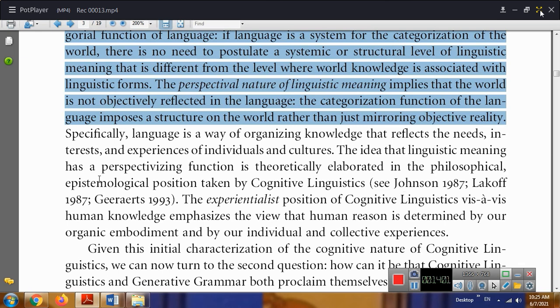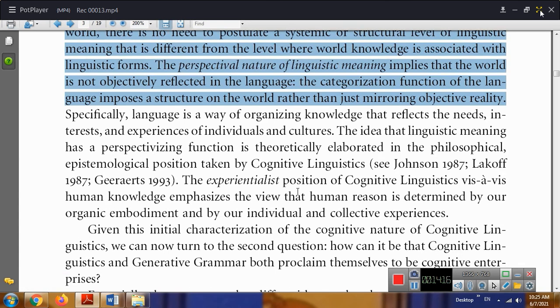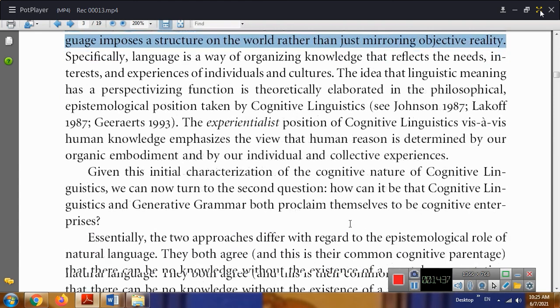The idea that linguistic meaning has a perspectivizing function is theoretically elaborated in the philosophical, epistemological position taken by cognitive linguistics. The experientialist position of cognitive linguistics vis-a-vis human knowledge emphasizes the view that human reason is determined by our organic embodiment and by our individual and collective experiences.